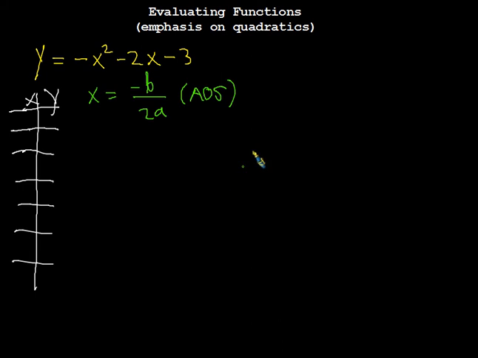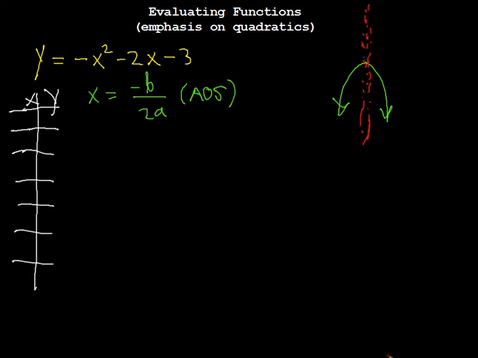And the axis of symmetry for a parabola is just the line that goes down the center. This is not the world's best dashed line, but it's a line that goes up and down the middle of the parabola, like such, and that's what we're looking for.